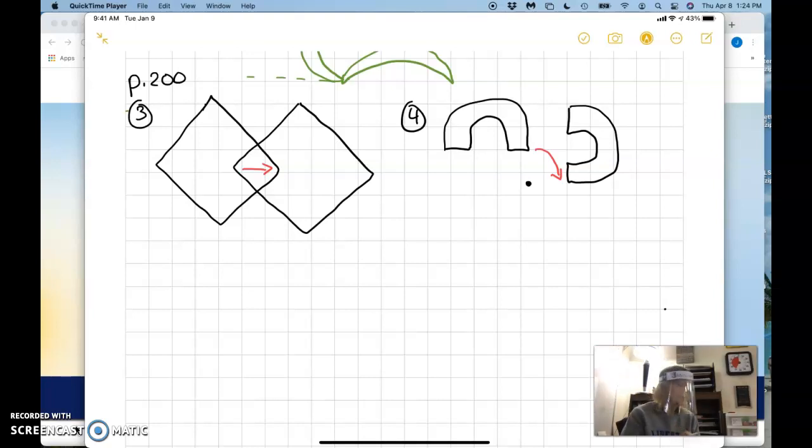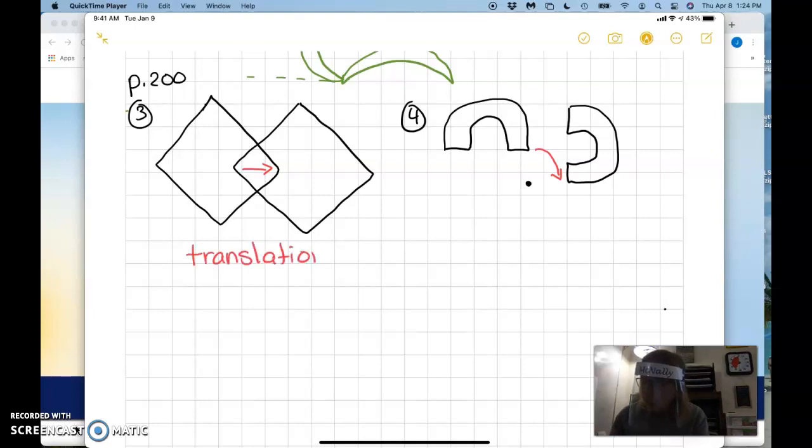Reflection. Try again. Translation. Yes, good. Translation means we just did what? Move it to the side. Yes, we didn't turn the shape in any way. We just slid it. And remember, it could slide in any direction. This time it slid to the right, but it could be any direction. Nice job, Rayleigh.